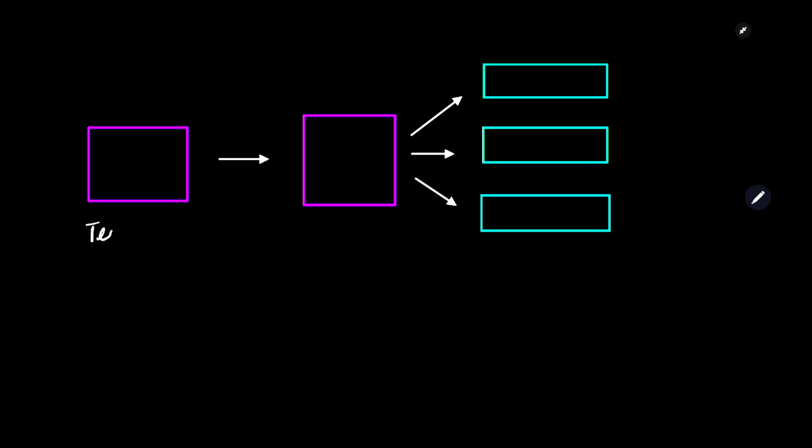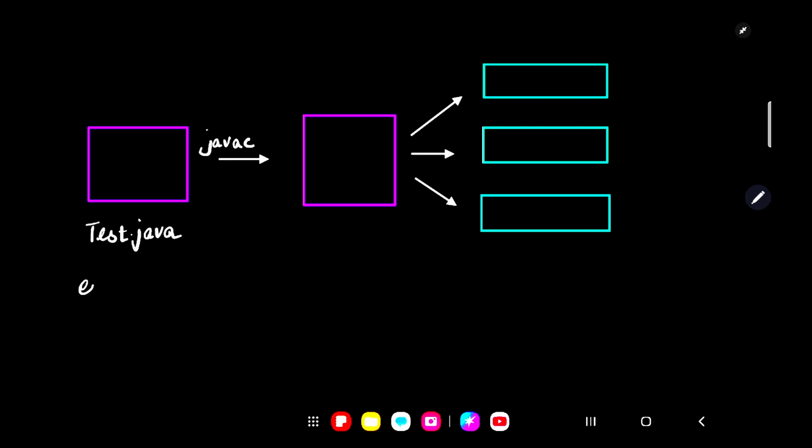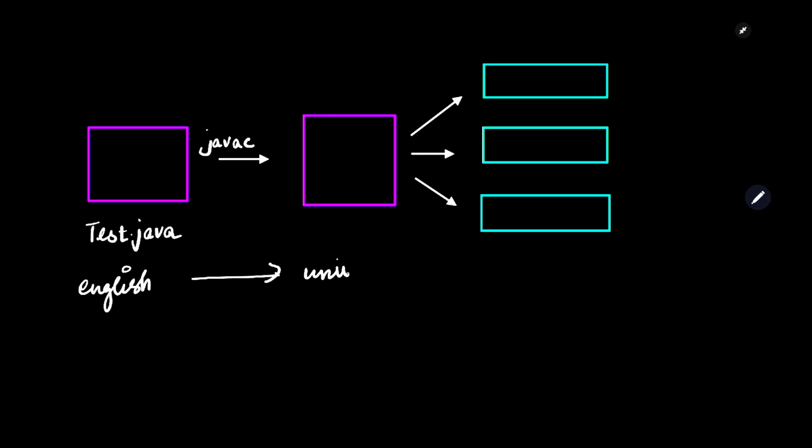Alright, let's start with a simple Java file. Let's say test.java. When you write your code in Java, the very first step is to compile it using the Java compiler command. Think of this as translating English into a universal language.